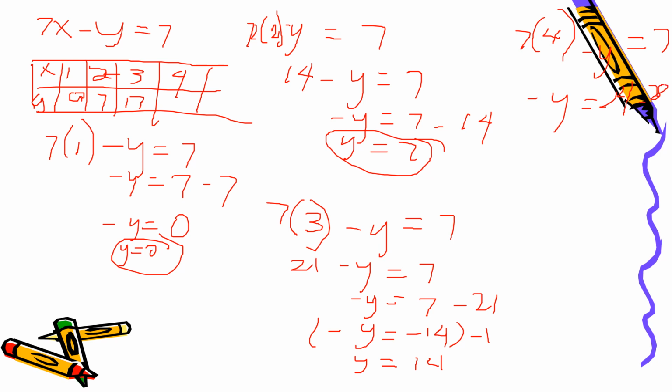So negative y is equal to negative 21. Multiplying by negative 1, therefore y is equal to 21. So the values of y are 0, 7, 14, 21.